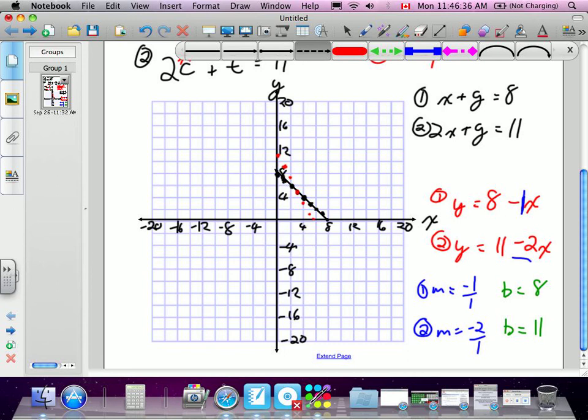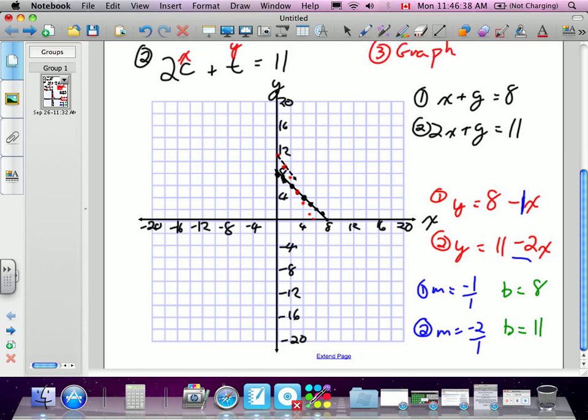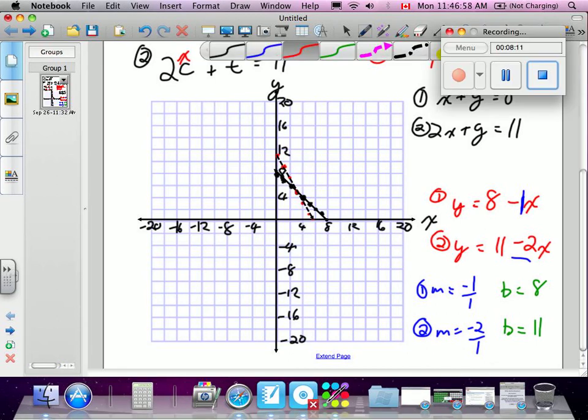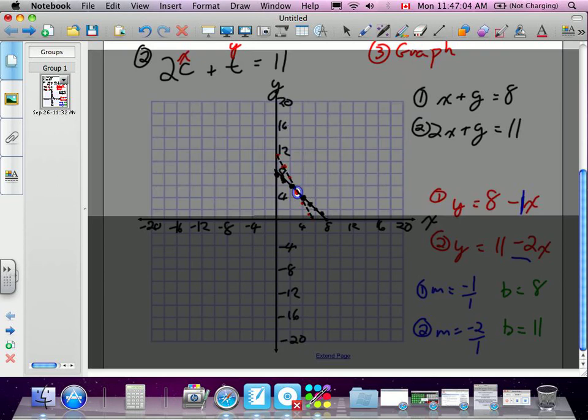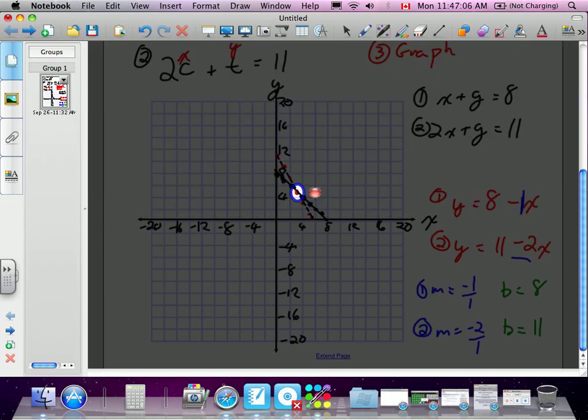So we have our two slopes. And we discovered our point of intersection is right there. Does anyone know exactly what spot that is on the graph? 5 and 3. Because we went by intervals of 2, so we go 1, 2, 3.